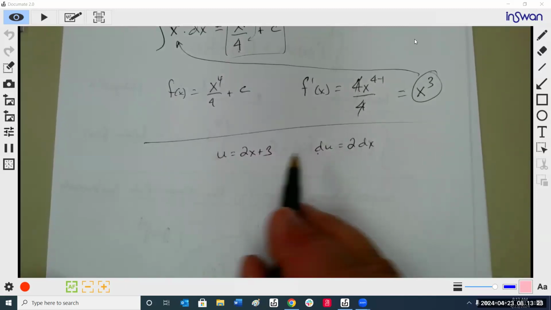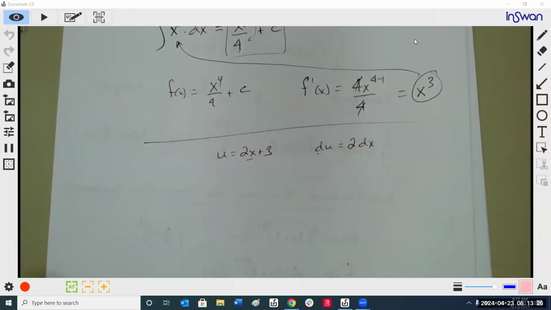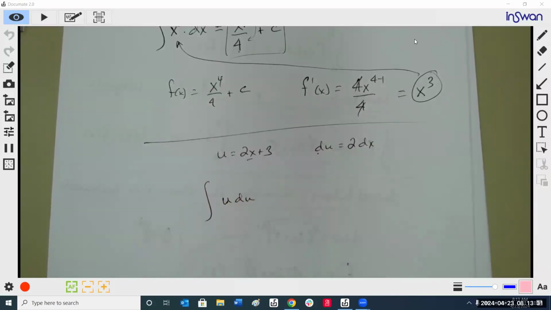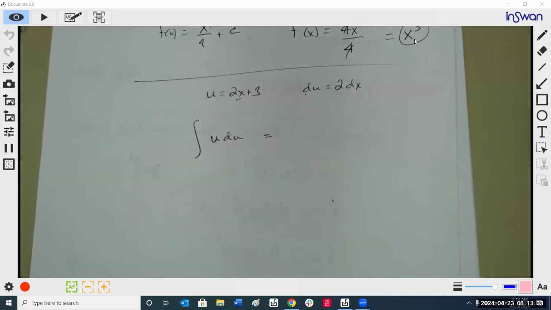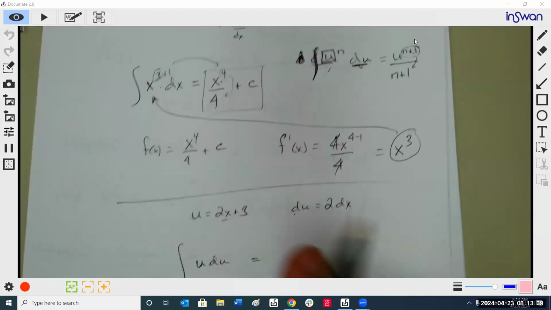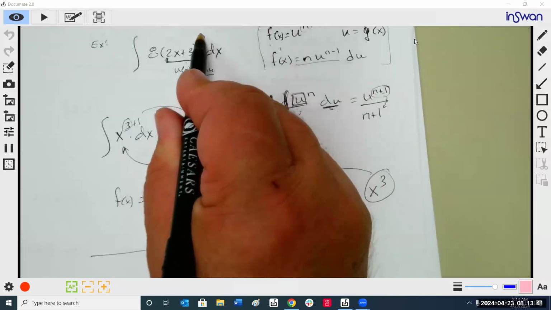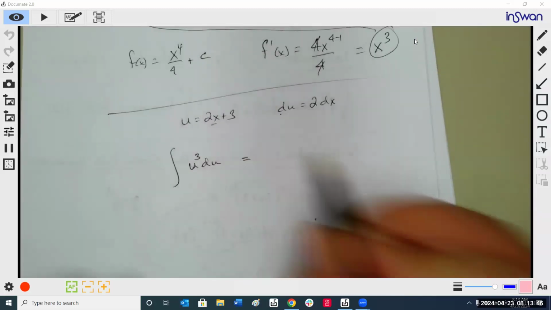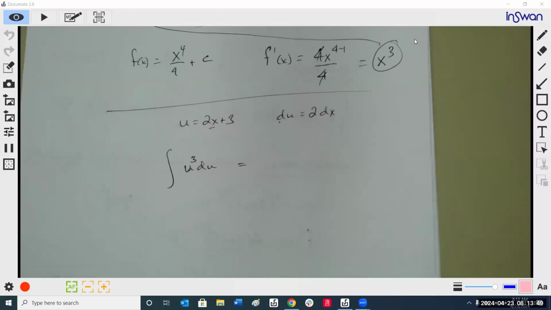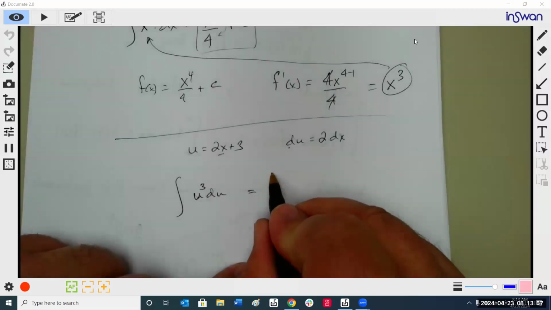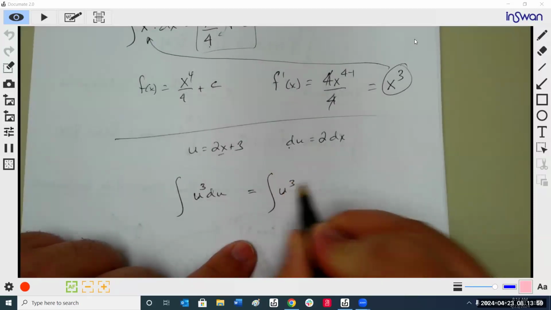Because it's a derivative of a function with respect to x. So in our equation, since that's u, it's to the power 3. So we have u cubed.